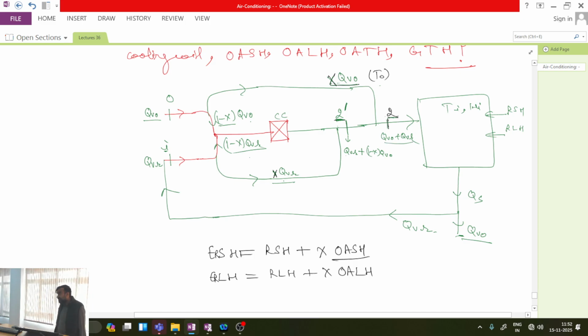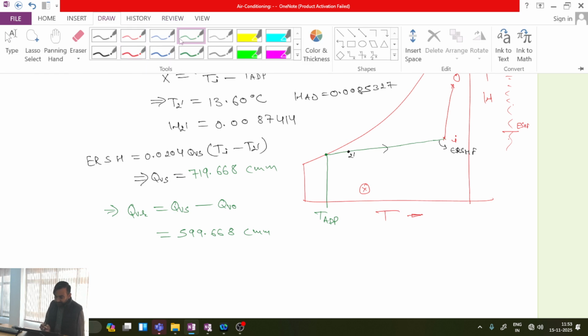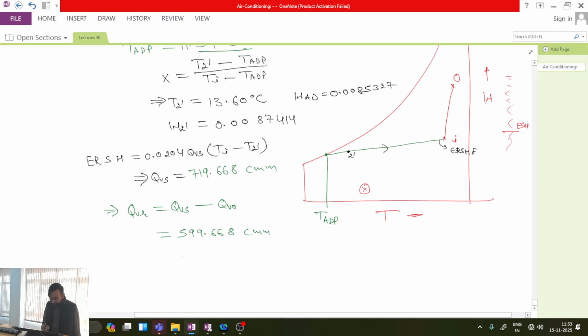From here I can calculate state 2, the actual supply air state. So from the energy balance, from the schematic diagram, I can write QVR plus 1 minus x into QV naught. Let me assume that density and Cp are same. Then this volumetric flow rate is coming at state T2 dash, plus x into QV naught is coming at T naught.